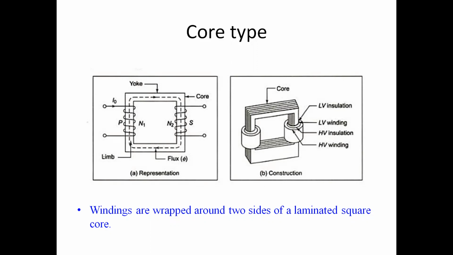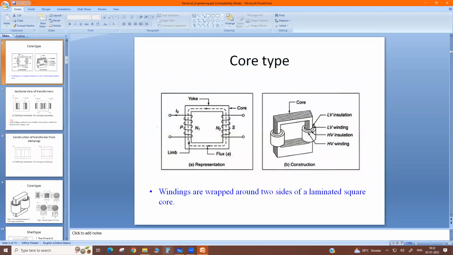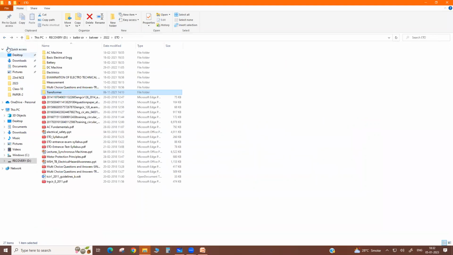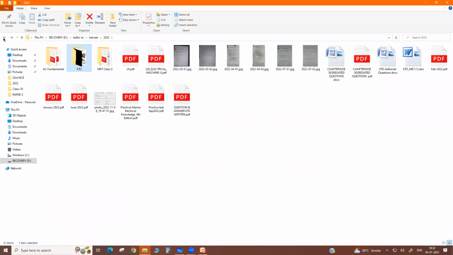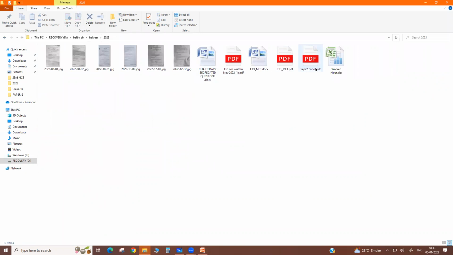Why do we do this? Why do we overlap the primary and secondary, meaning HV and LV? There was a question asked in your examination.